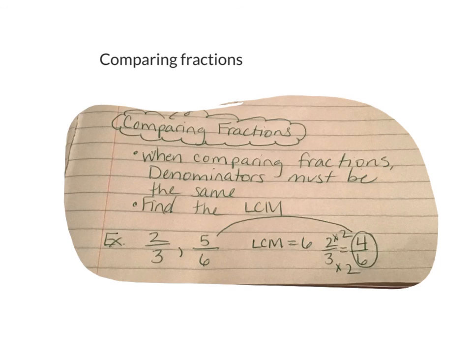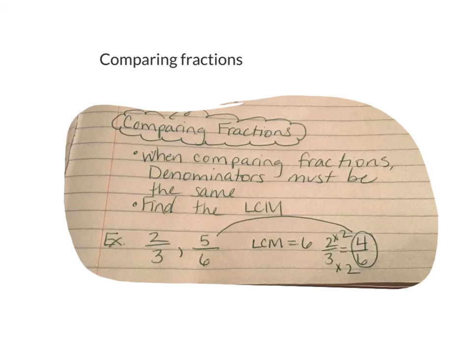All right, for your final note in your notebook, put comparing fractions. When comparing fractions, denominators must be the same. Find the lowest common multiple, and then you can compare the fractions.